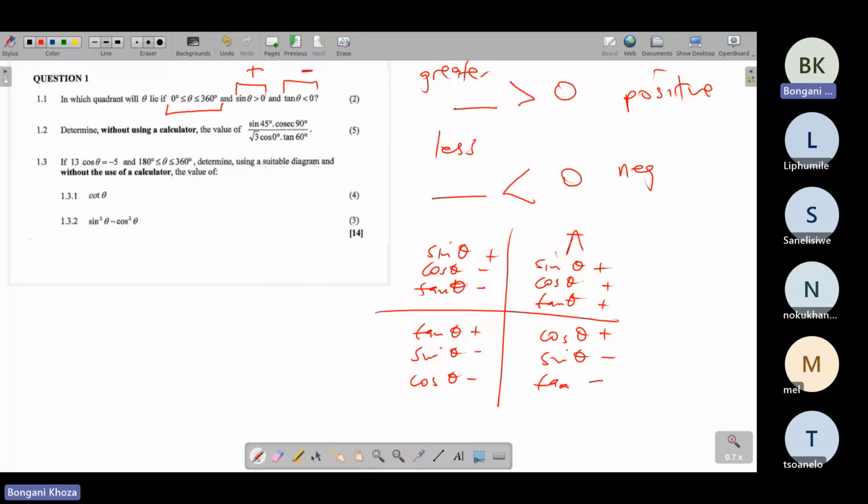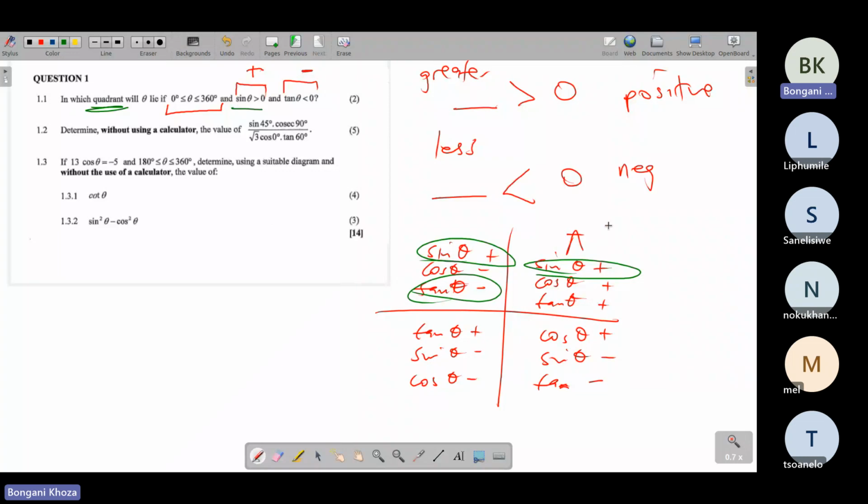So we are gonna check from what we were given here. We were asked to find where sine theta is positive and tan theta is negative. So sine is positive here and here. Tan is negative here. So we're just supposed to say the second quadrant.